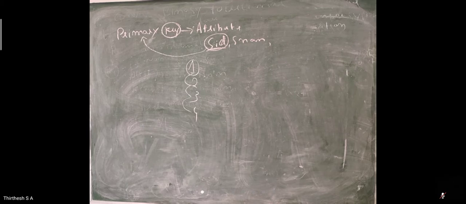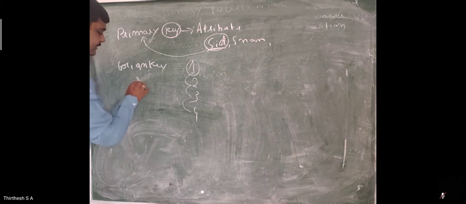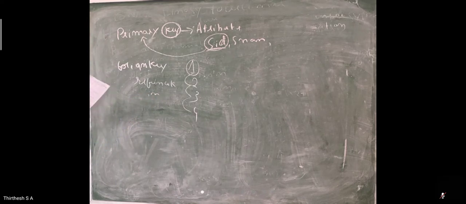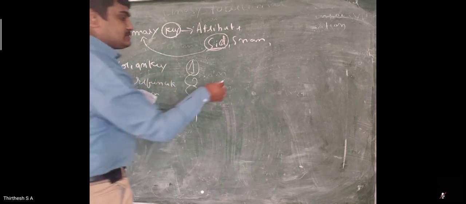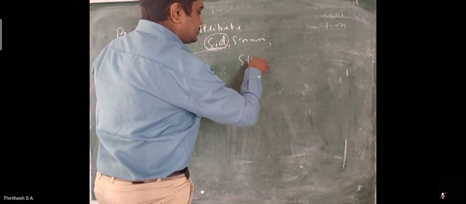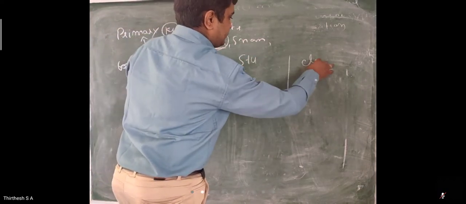In the same way, you have one more concept called the foreign key. What is a foreign key? A reference key in a table is known as a foreign key. Reference means a key or attribute which is a primary key in another table. For example, I have a student table and a department table.